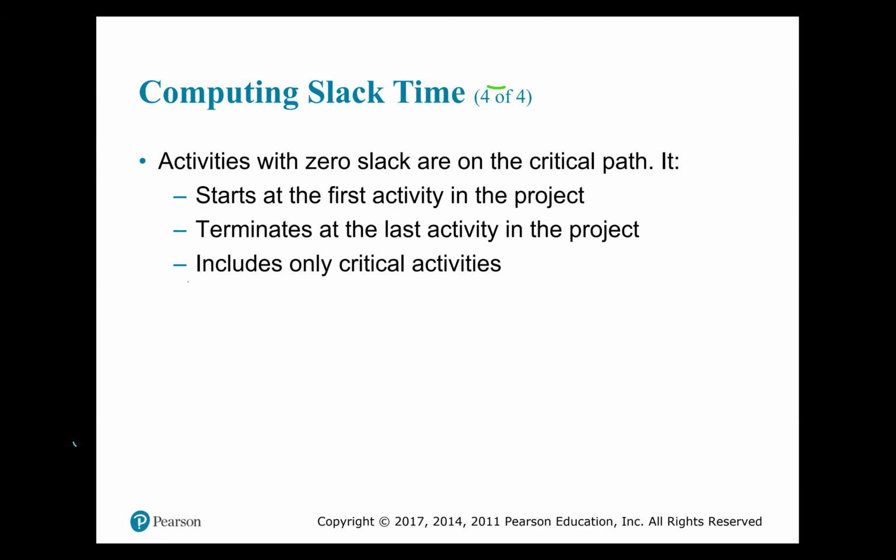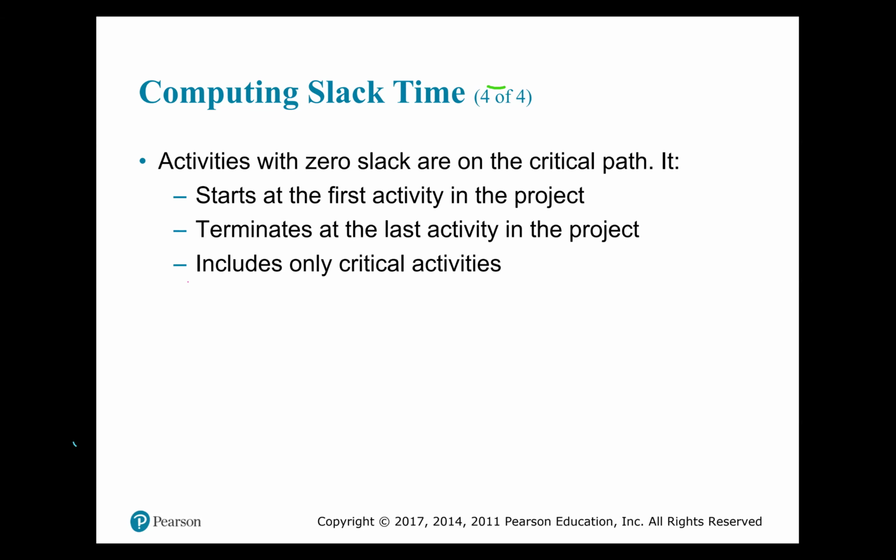Now, on the critical path, you will have a set of activities that will have only 0 slack. So the critical path, which is the longest time path through the network, is composed only of activities that have 0 slack. Now they must be listed in their natural occurring order.